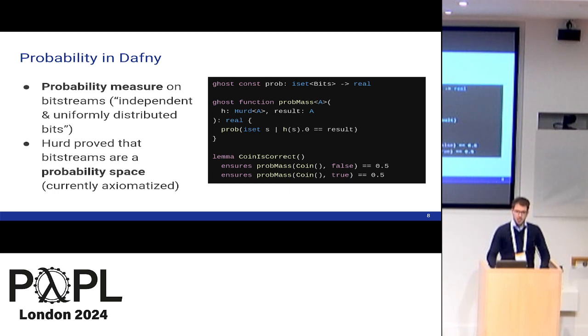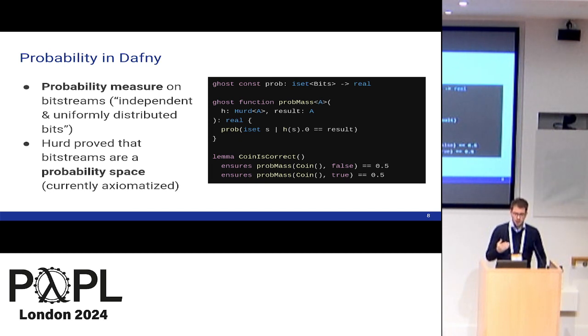And in code, this looks something like this. We have this prob function, which takes a set of bit streams and returns their measure. And for convenience, we have this function probability mass, which takes a probabilistic computation, returning values of type A, and is also given a result value, and returns the probability that we get this result value from the computation.